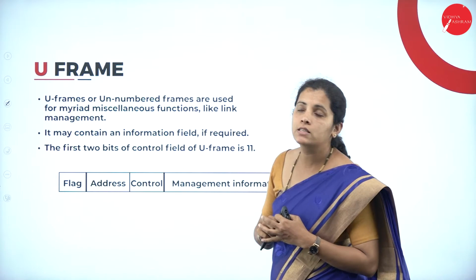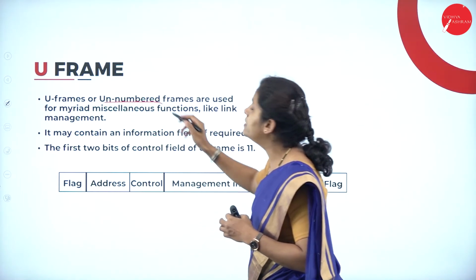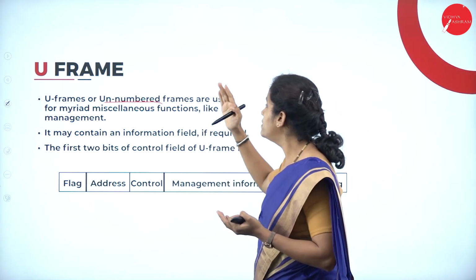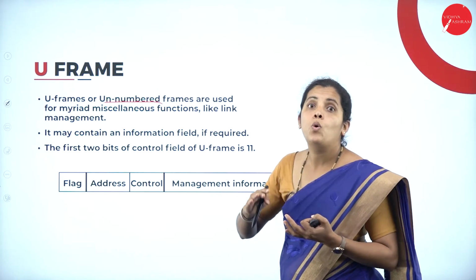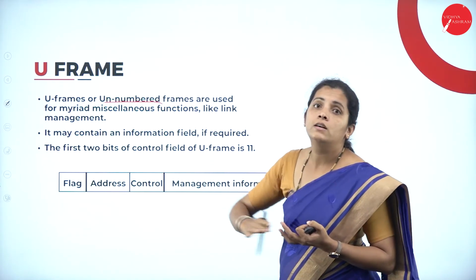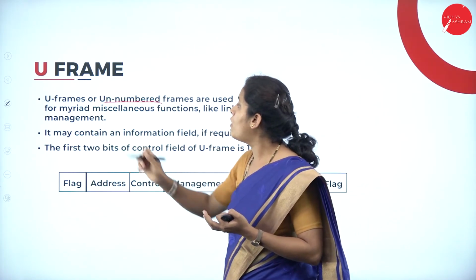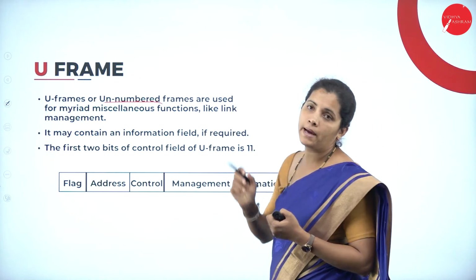Moving further, we are going to get the U frame. So what is a U frame? That is nothing but unnumbered frames, which are used to hold a large collection of miscellaneous functions like link management.